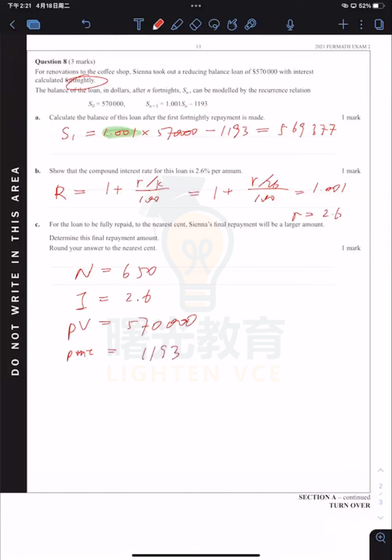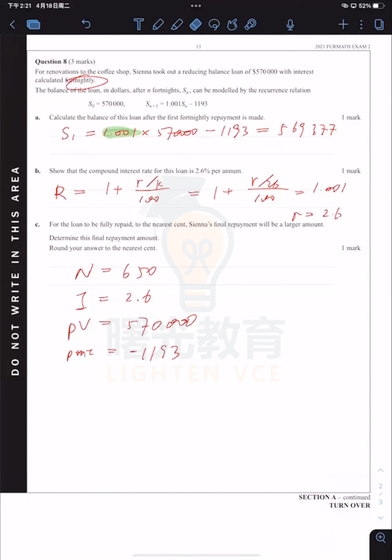Look, when you apply for the loan, the total value is positive, and every time you pay it, you shorten the loan. So you're actually decreasing. That's why in this case, the payment is negative. And our final target is to make sure that the future value is equal to 0.